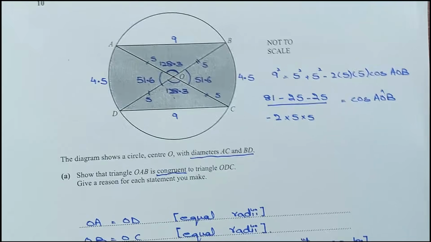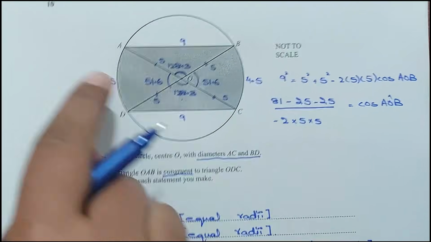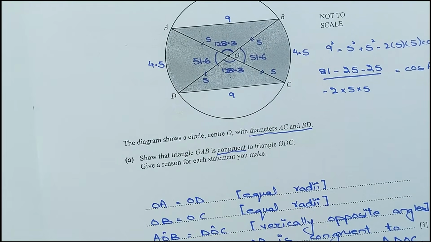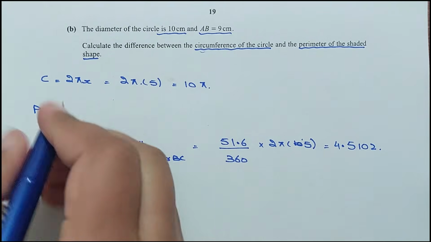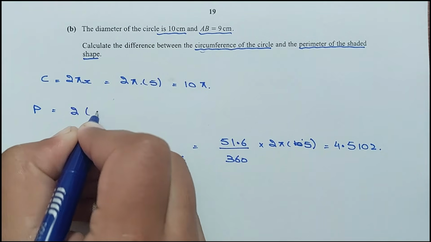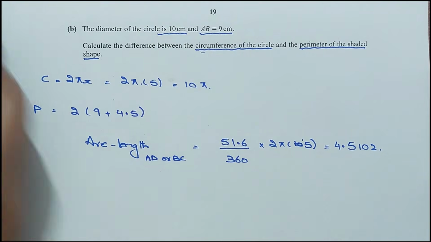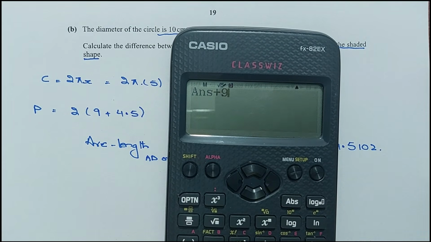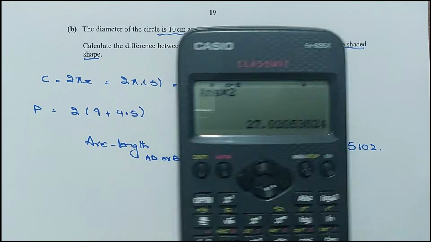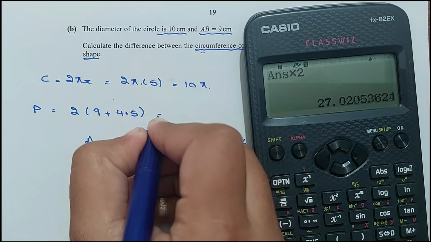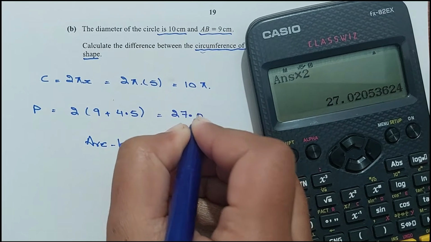Now let me work on the perimeter: 9, 9, 4.5 and 4.5. That is the perimeter of the shaded shape, right? So 2 times 9 plus 4.5, adding it up, we get 27.02, right?